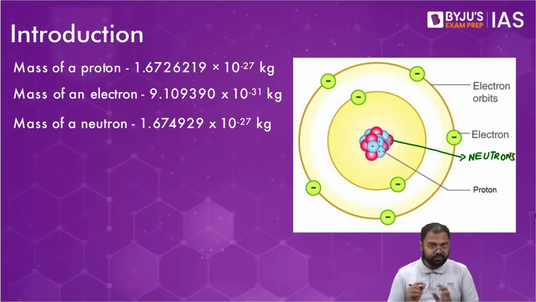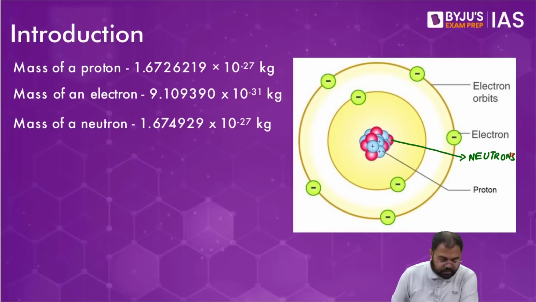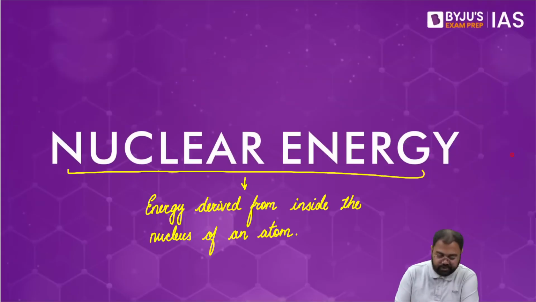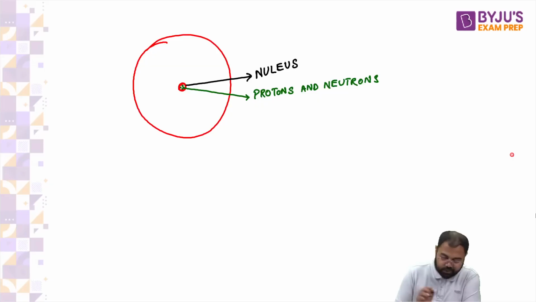So this is a very small scale nucleus, and inside the nucleus you have the neutrons. This is where we have all these present. Overall, from the nucleus we are getting the nuclear energy, and this nucleus is at the center.